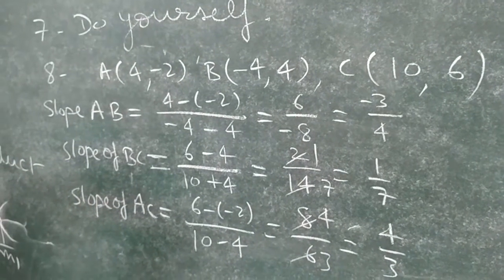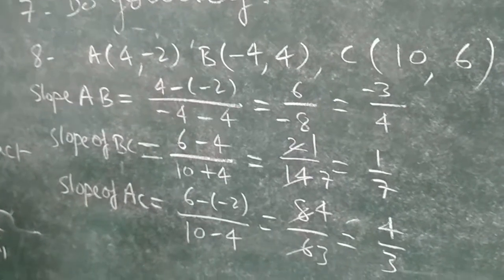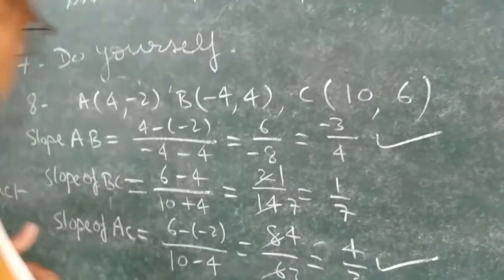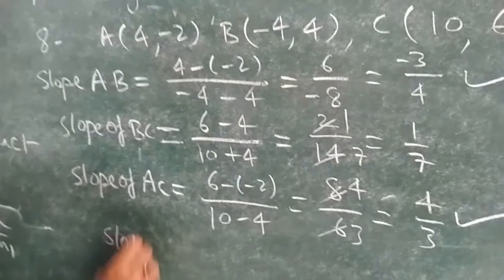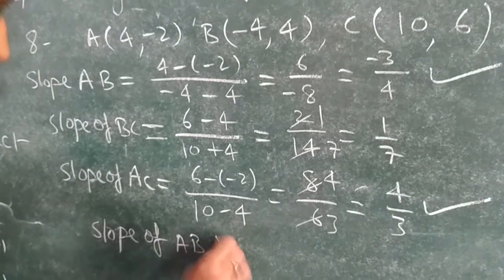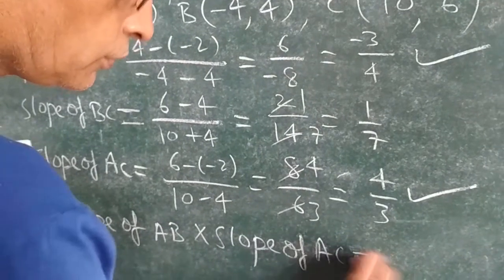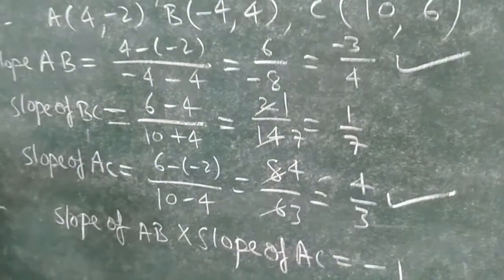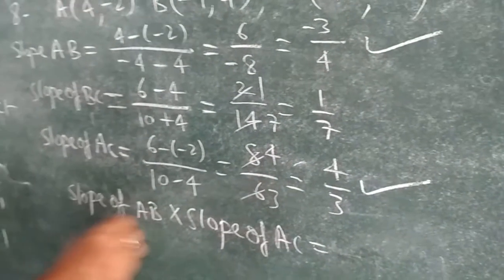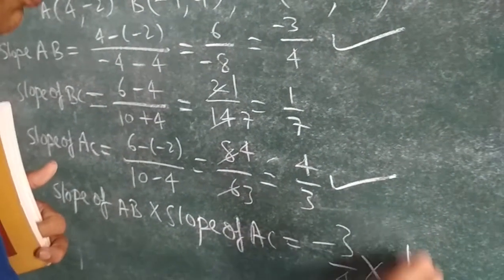So let us check whether their product is equal to minus 1 or not. So we take the lines AB and AC. Slope of AB multiplied by slope of AC equal to minus 1. Put the values: minus 3 by 4 into 4 by 3.